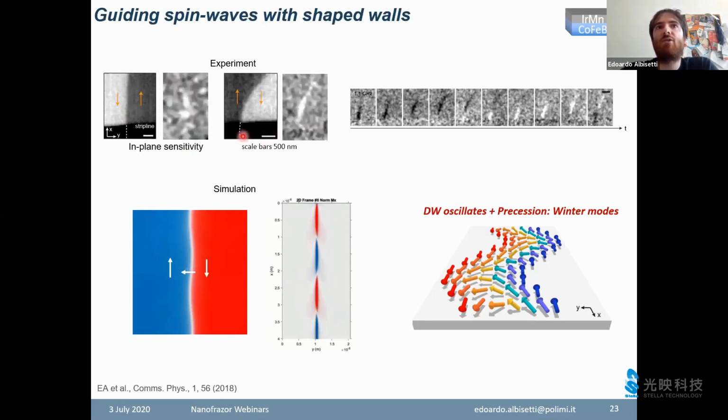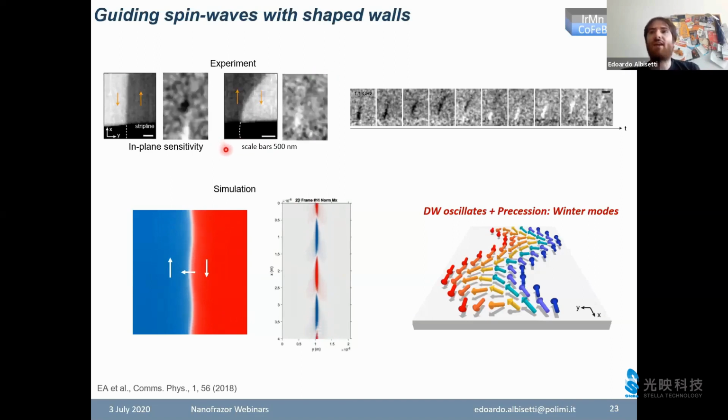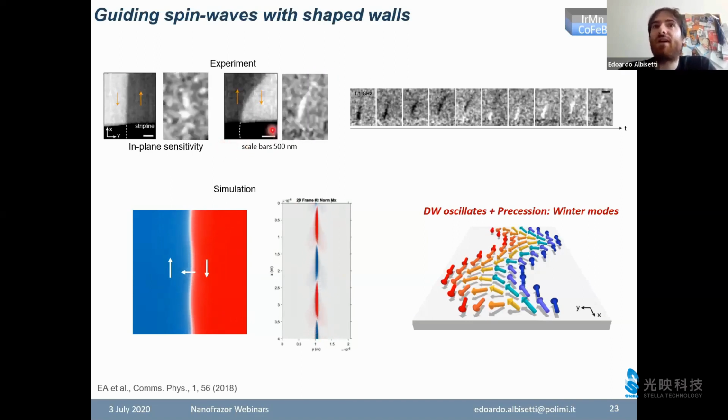You see the same also in the curved structures, where we can excite spin waves from the antenna, and the spin wave leaves the antenna and follows the domain wall very nicely. So this means that by writing domain walls, we can basically write waveguides for spin waves that can take spin waves on the chip and along curves on the chip as we wish.